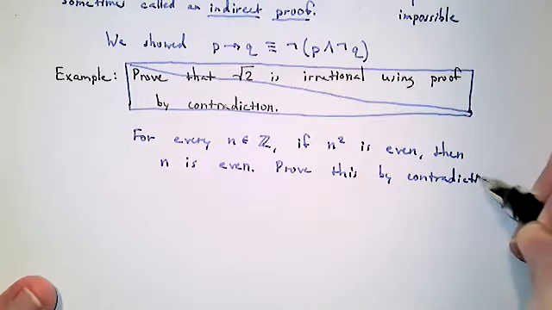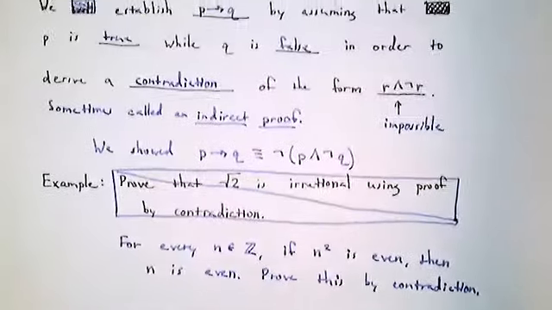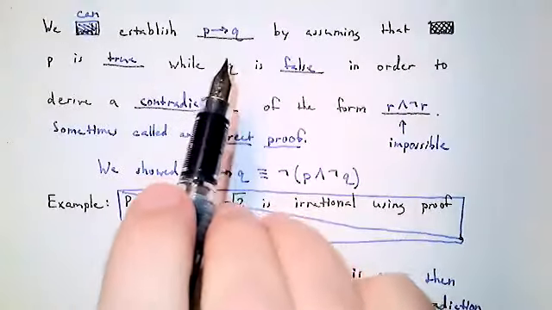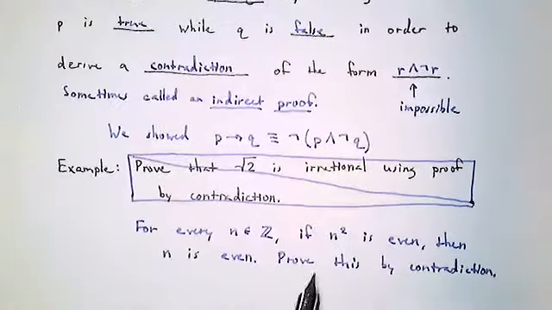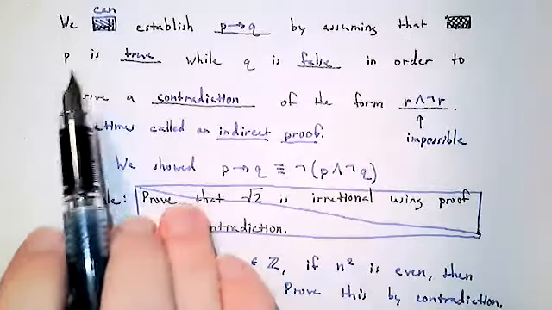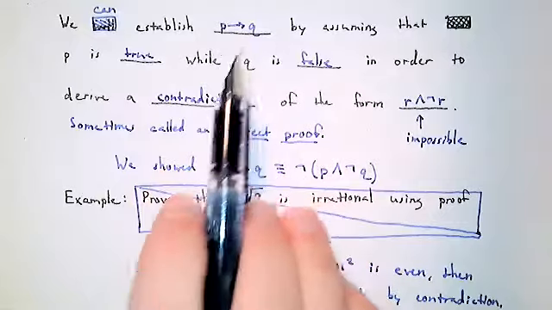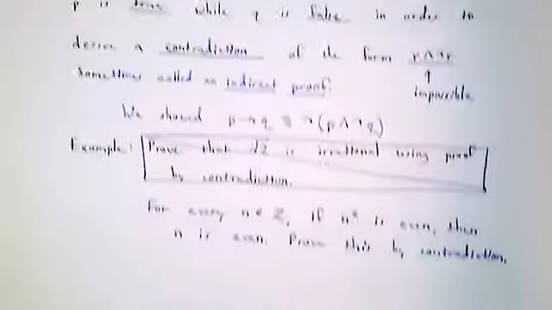Okay, so you're asking how do you know where to start? If we're going to prove an implication, an if-then statement, by contradiction, we're going to assume that the hypothesis is true and the conclusion is false.